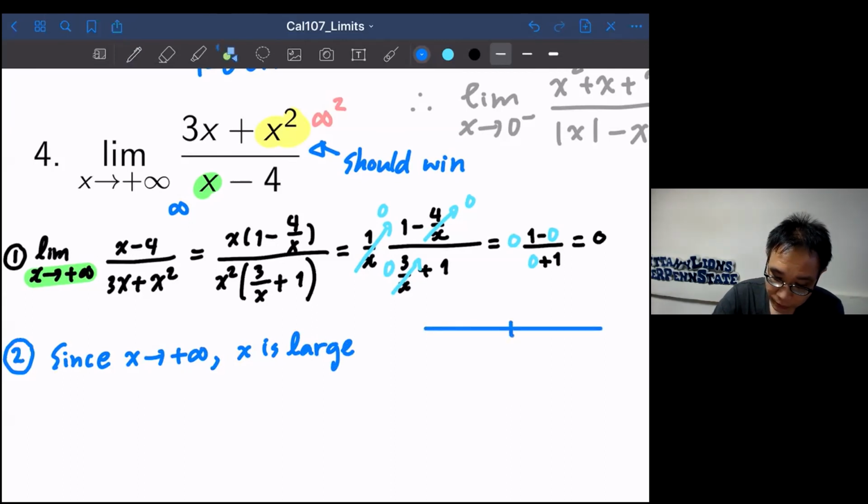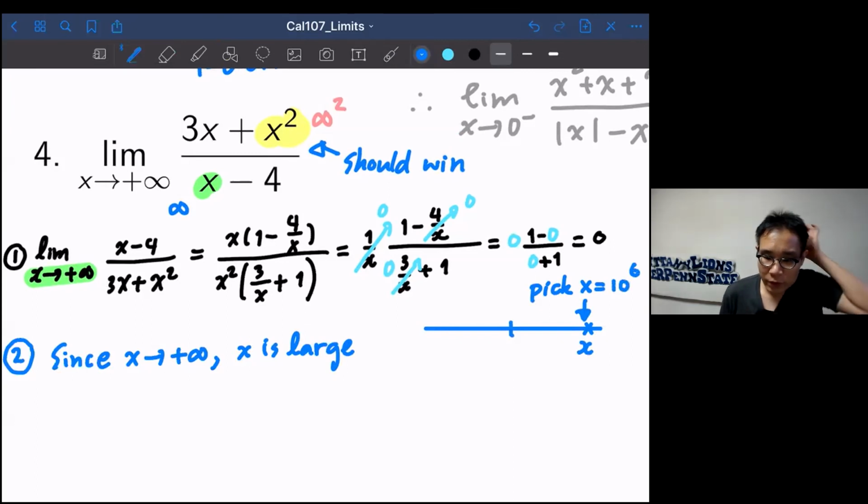So you have x large, so x is here. You're going to pick x equal to something large like 10 to the 6. So you pick x equal to 10 to the 6, 1 million here.